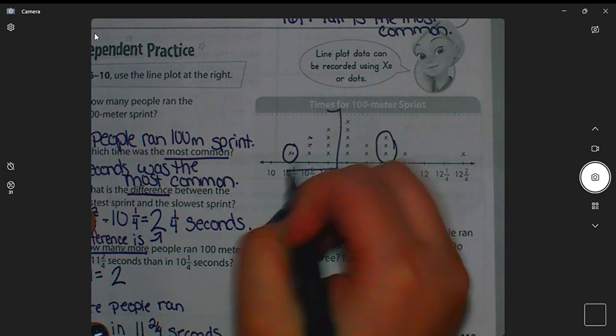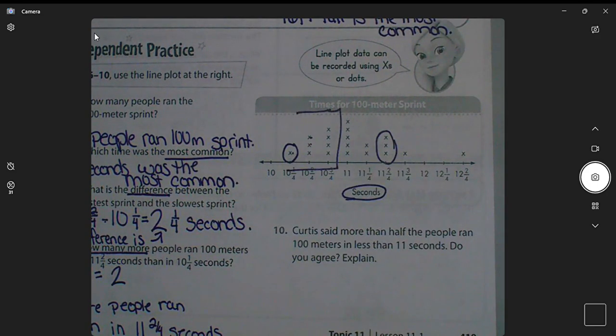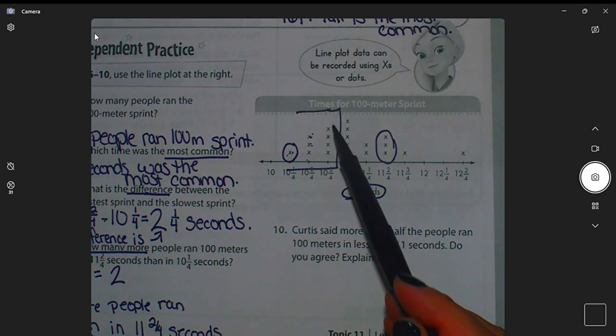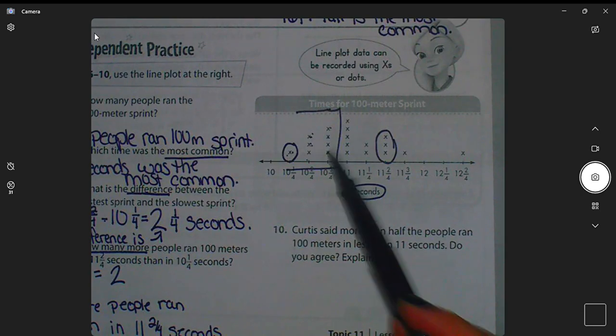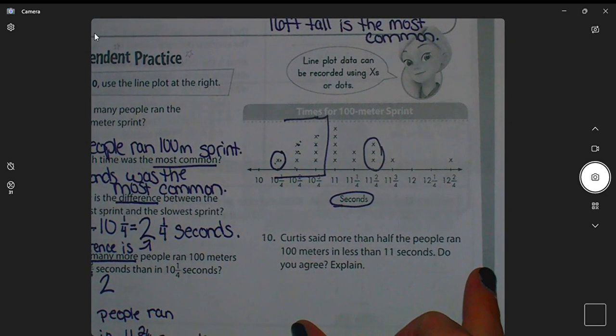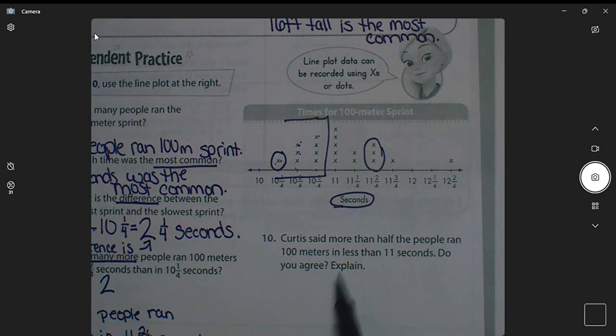So this is all I'm going to look at, what is in that box. So I have 1, 2, 3, 4, 5, 6, 7, 8. I said 20 people ran the 100-meter sprint. Is 8 half of 20? No. So do we agree? No.